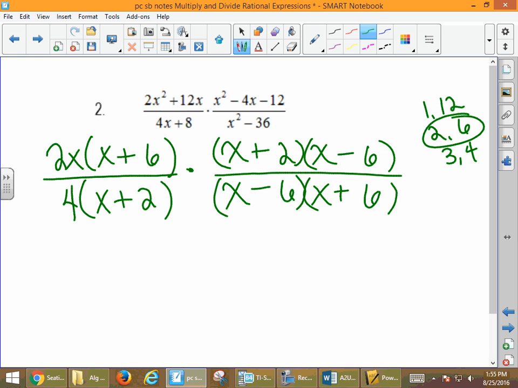And once again, what we're looking for is, do we have anything exactly the same on the top and on the bottom? Well, when we start looking closely, do you see anything? x minus 6. x plus 6. x plus 2. So all of our parentheses cancel out.